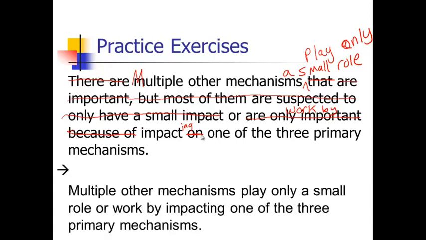"Multiple other mechanisms play only a small role or work by impacting one of the three primary mechanisms." We got rid of a lot of stuff, and I actually got rid of the hedge, the "most of them are suspected to." I didn't even put a "likely" or a "may" in there because we gave so many options. They either play a small role or they work through one of these other mechanisms. I think we've sort of covered all our bases, so we probably don't need a hedge word in there.